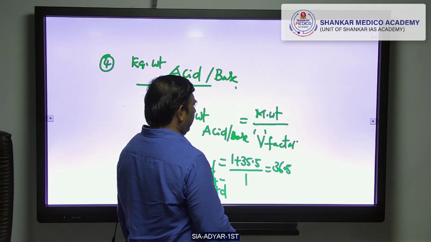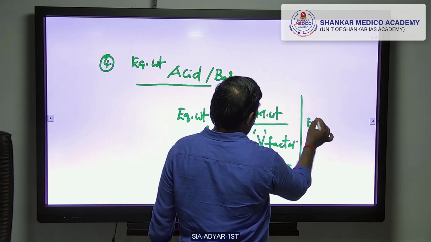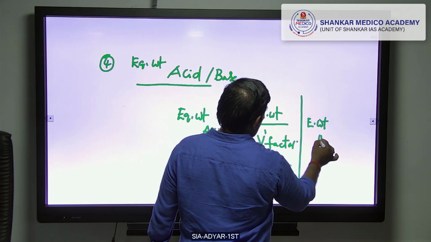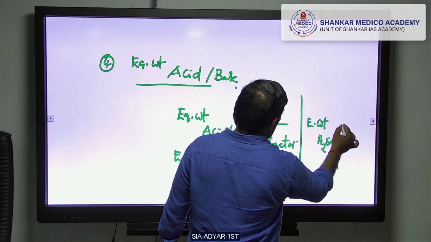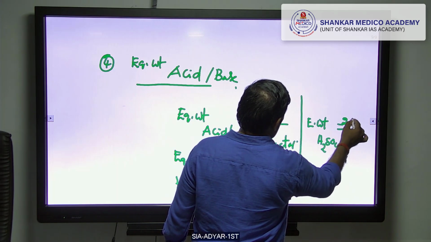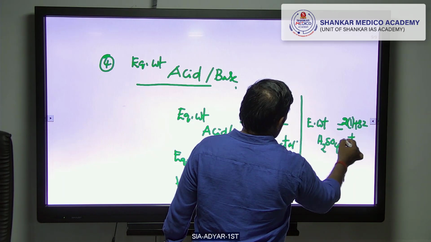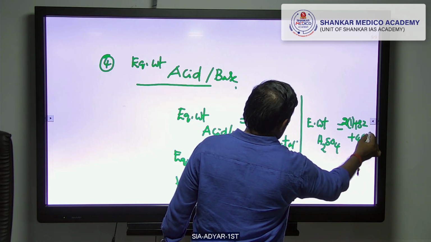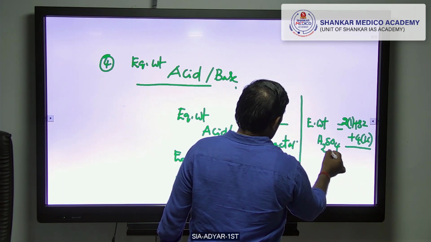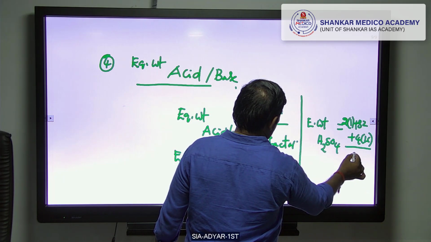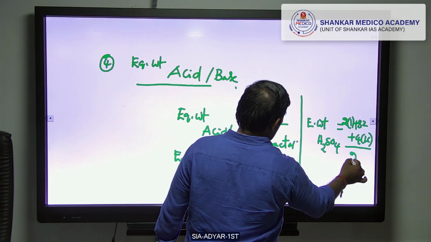Similarly, we can calculate the equivalent weight of sulfuric acid. That is equal to molar mass: 2 into 1 for hydrogen, sulfur is 32, 4 oxygen is 4 into 16, upon the number of hydrogen atoms obtained from H2SO4, which is 2.